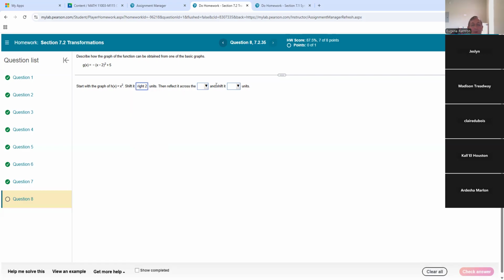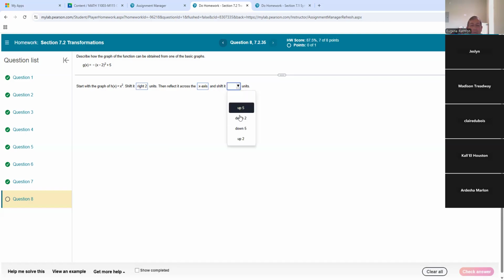Then reflect it across the, and y'all, there's only one axis worth reflecting over, and that's the x-axis. You will not answer y-axis on none of these problems, okay? Because we haven't learned how to reflect over that one. Only the x. All right, and then shift it blank units.